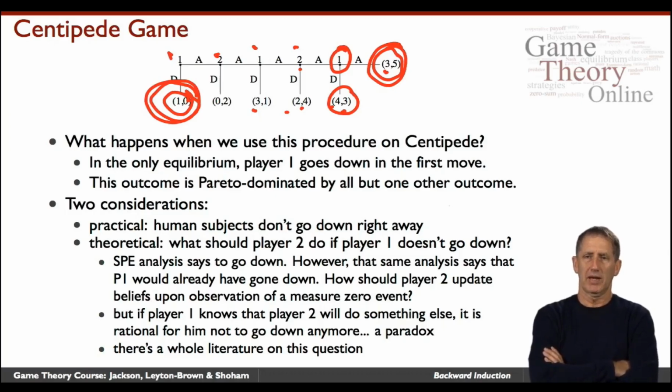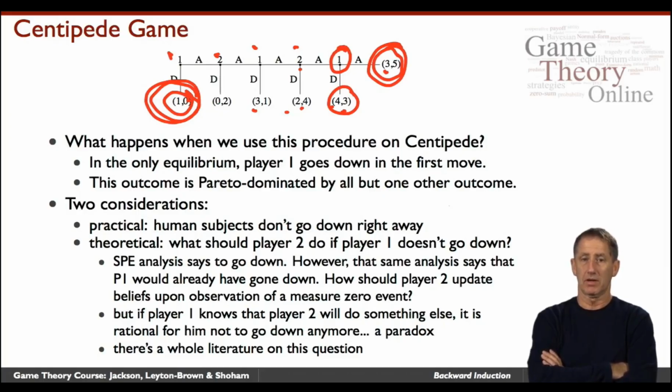But there's also another problem that's theoretical in nature. So we know that the only subgame perfect equilibrium is one where agents defect, go down at any point in time. Now imagine that the game starts and player 1 goes across, does not go down. What does player 2 do?